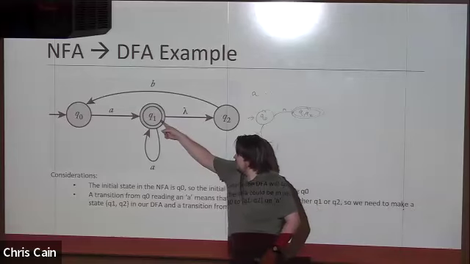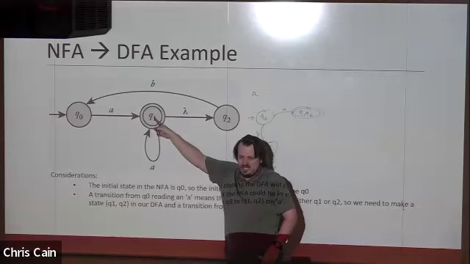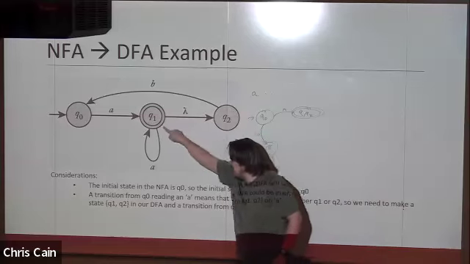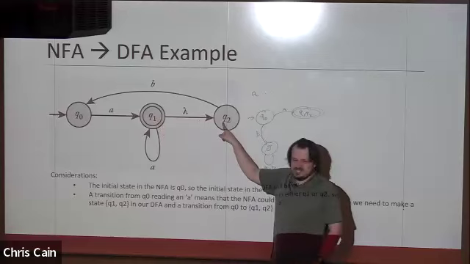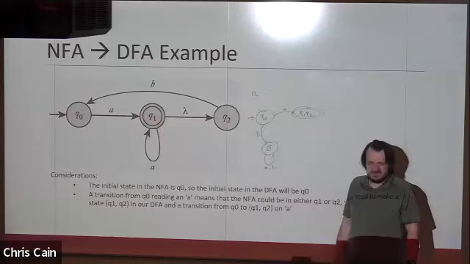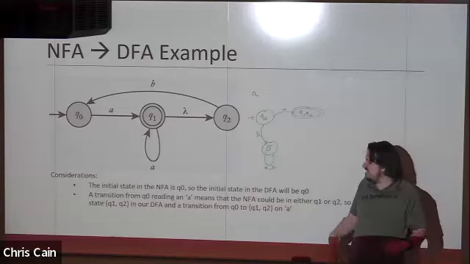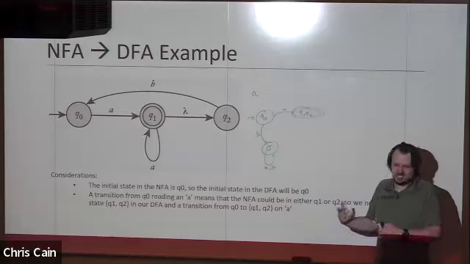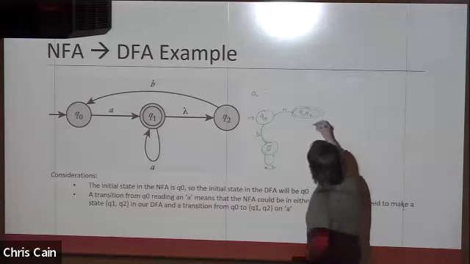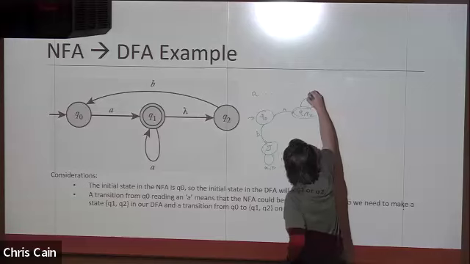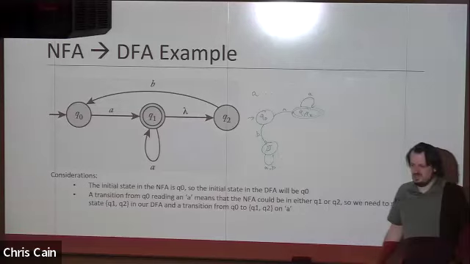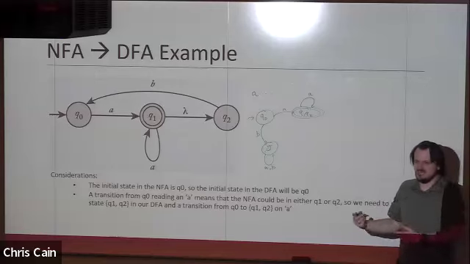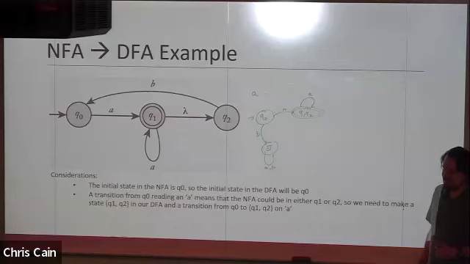And the one in Q1 has to loop here and clone itself and move to Q2, because after that A happens, we could lambda transition to Q2. So Q1 and Q2 are the states that we could be in after we were in Q1 or Q2 and consumed another A. So that tells us there is a self edge on Q1, Q2. We go from the subset Q1, Q2, and we end up in the subset Q1, Q2.